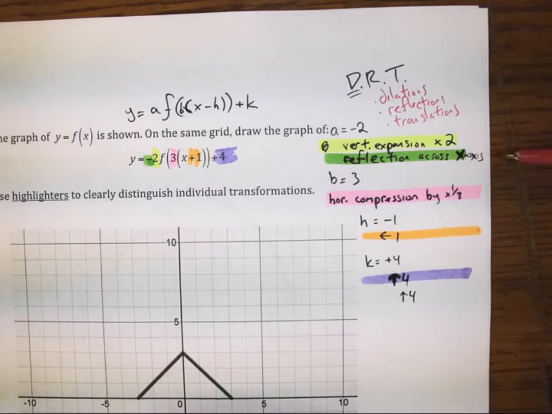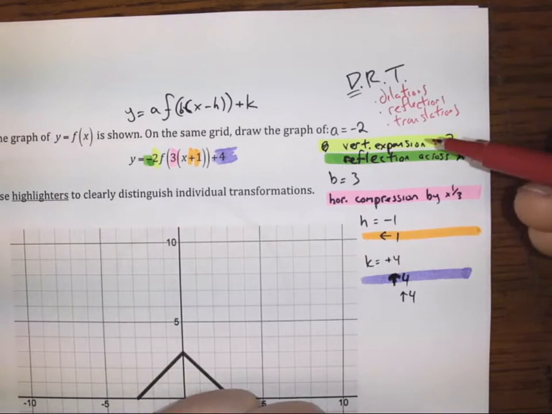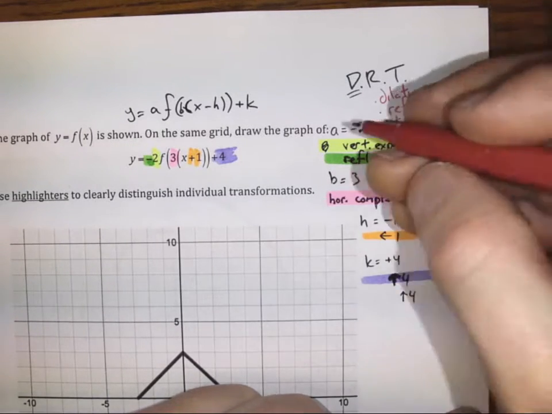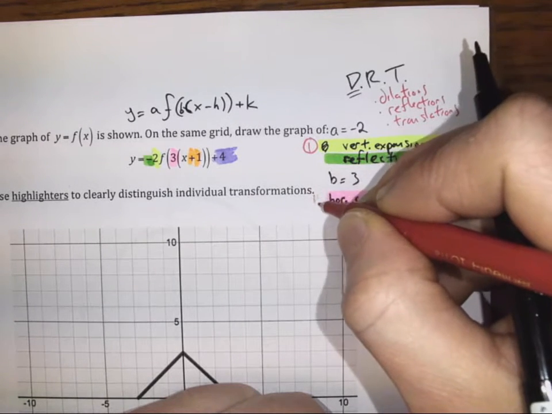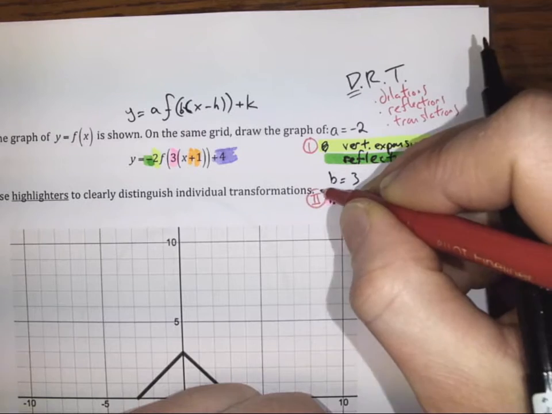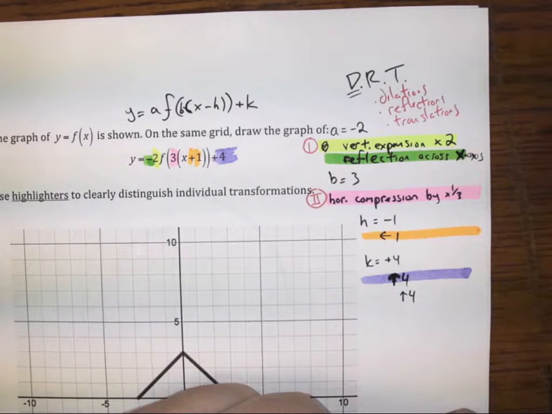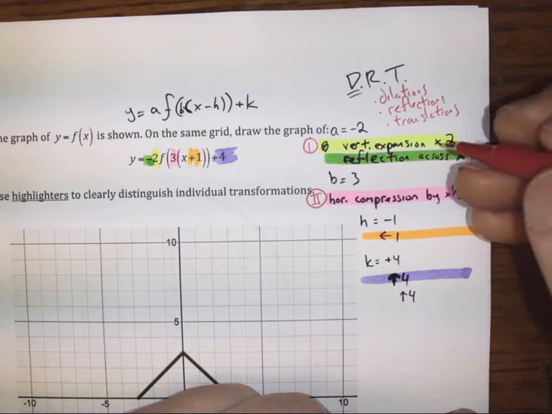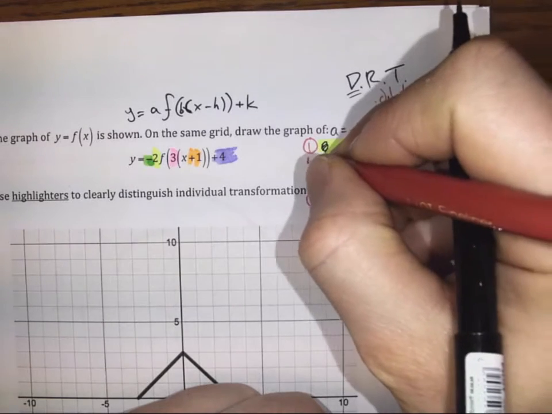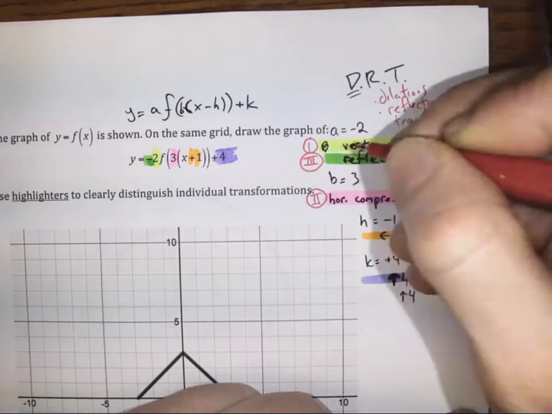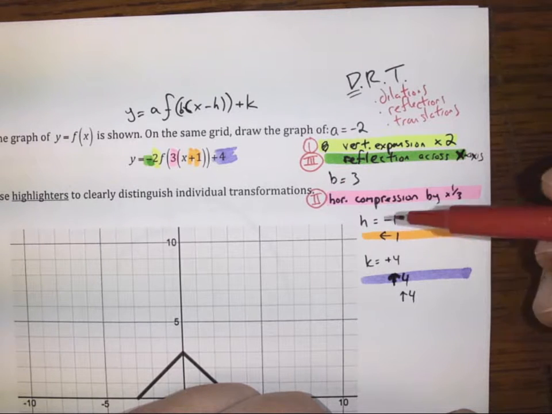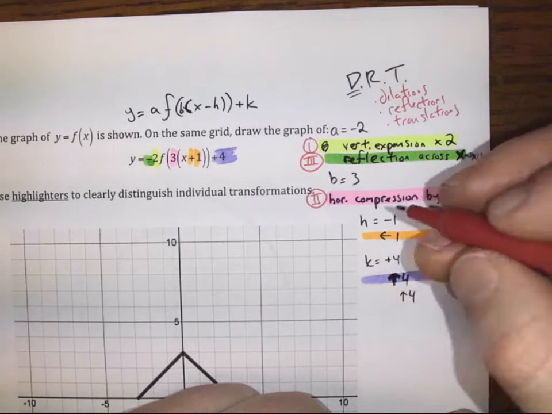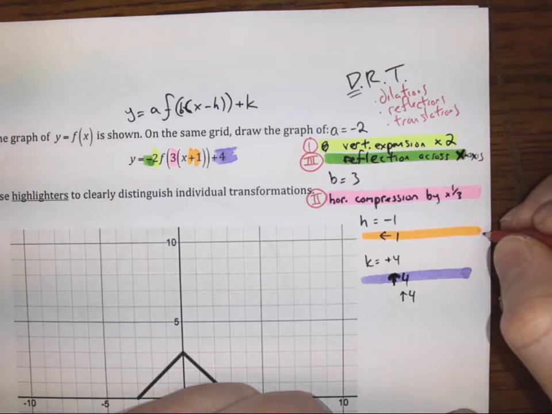We've got 2 dilations, a vertical expansion and a horizontal compression, so we could do either one of those first. I'm going to arbitrarily choose the first one we listed to go first. Then we've got a reflection across the x-axis. That's going to be step 3 in green. And then step 4 is going to be both of these translations at once.